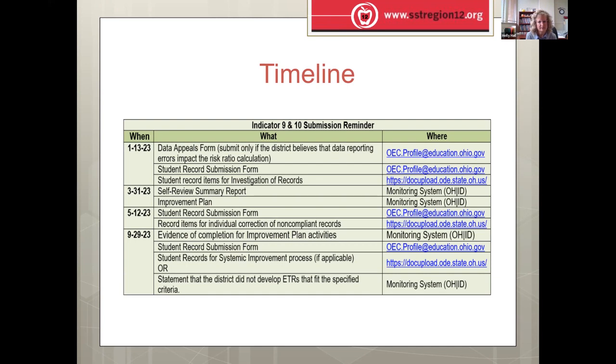And then the possibility of student records just to address systemic improvement, or a statement that there were no developed ETRs that were part of the specific time frame that they have identified.